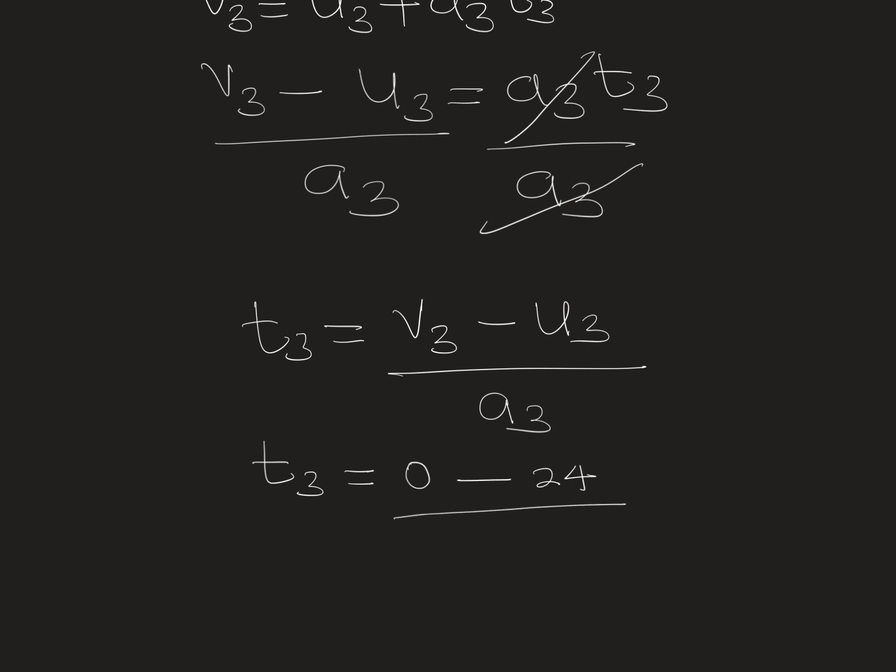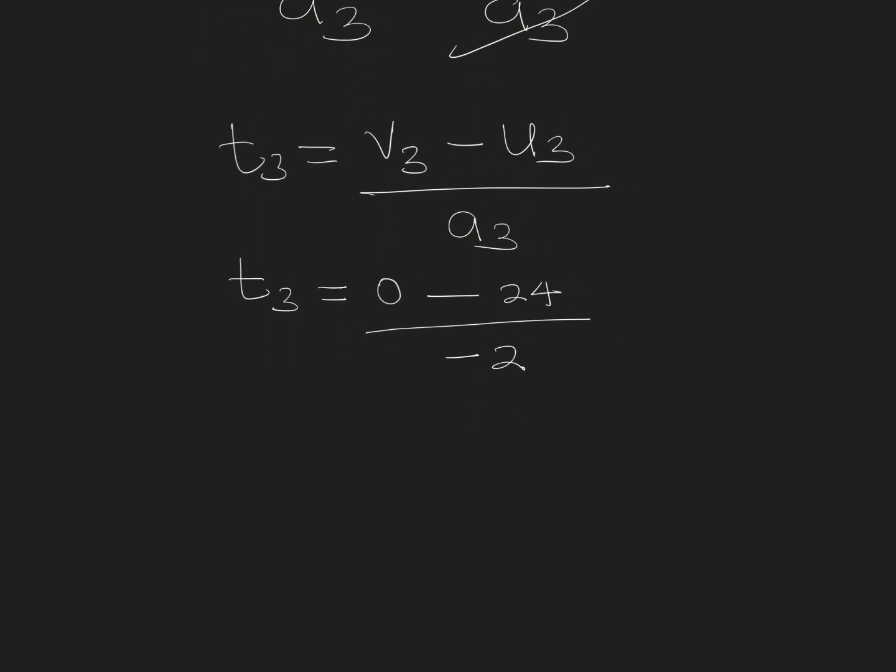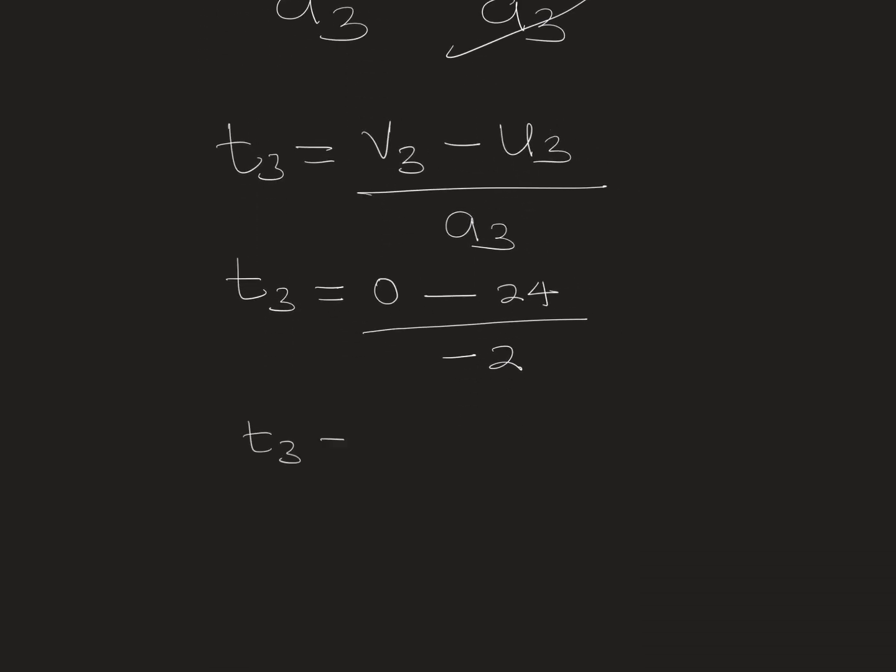Then divide this by the acceleration, which is negative 2 meters per second squared since it is a deceleration. Therefore, T3 is equal to negative 24 divided by negative 2. T3 is equal to 12 seconds. So T3 is now known.